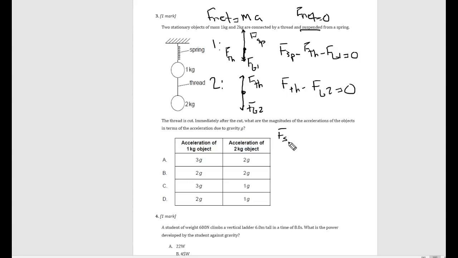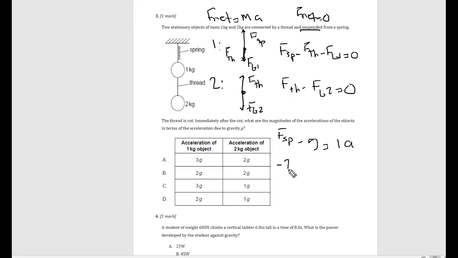And let's see what we have. We have the spring force minus Fg1. Fg1 would just be 1 times g, right? Mass times acceleration due to gravity, 1 times g. So I'm going to say F spring minus g equals 1a. And for object 2, we cut the thread. This force goes away. We have minus Fg2, which would be 2 times g.